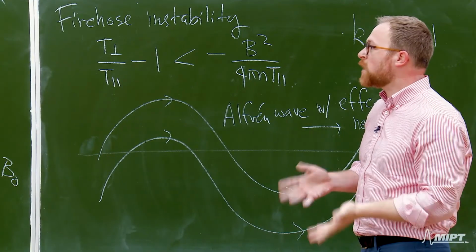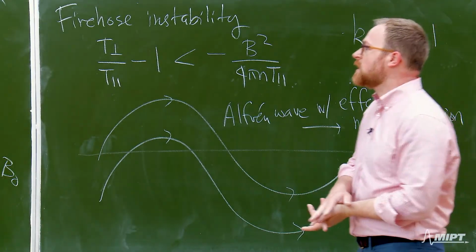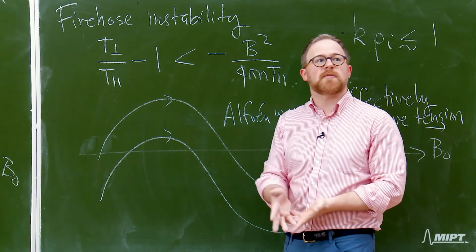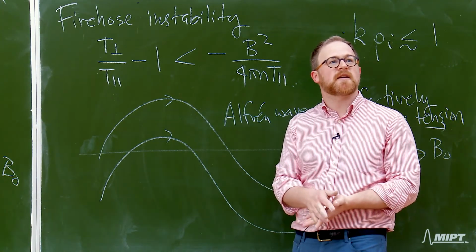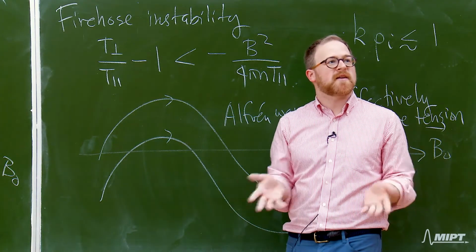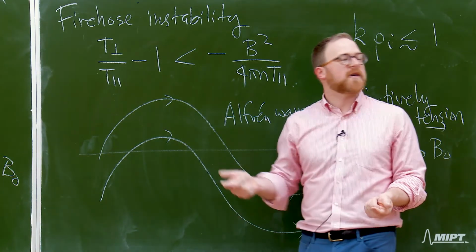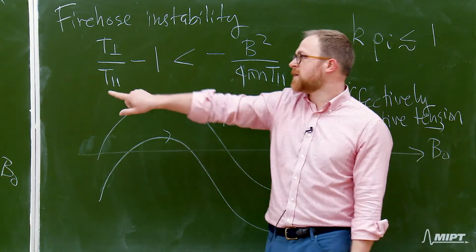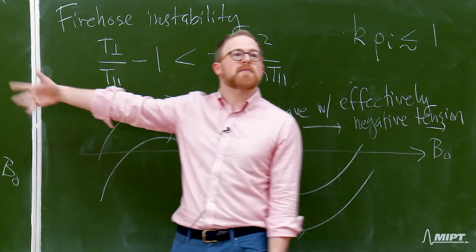And one aspect of modern astrophysics is figuring out how things like turbulence and dynamo behave in collisionless plasmas. In collisionless plasmas, you're not guaranteed to be Maxwellian. So you have to worry about things like when the temperature is not isotropic and you get instabilities like this.